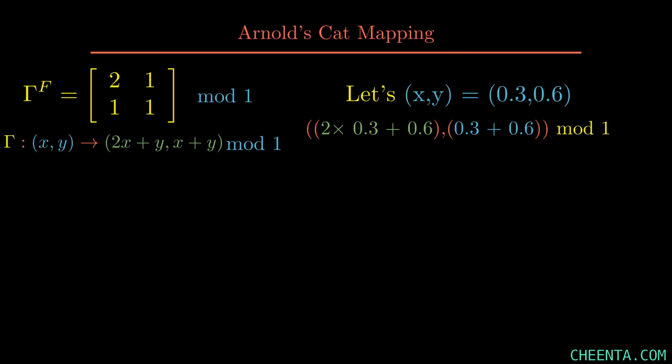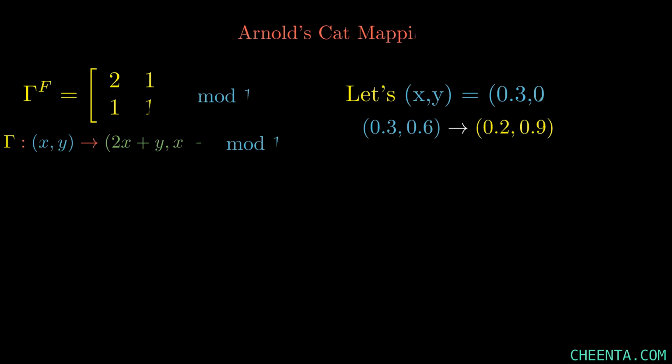But because of this mod 1, it will only take the fractional part. So we see that 0.3, 0.6 is mapped to the point 0.2, 0.9. This particular mapping can be done for any mod, but mod 1 is special, and this is called Arnold's cat mapping.